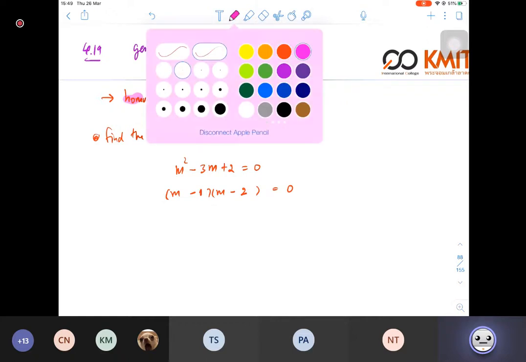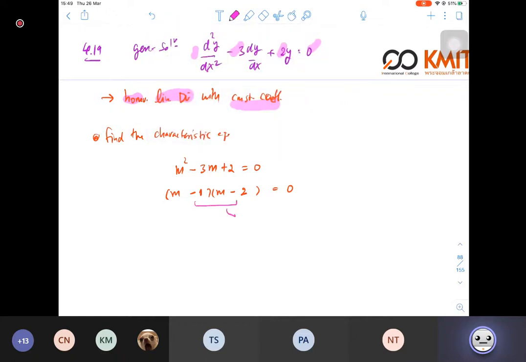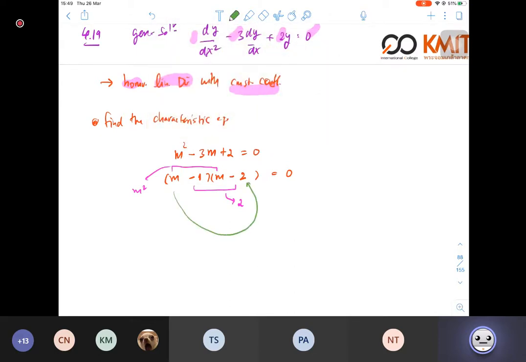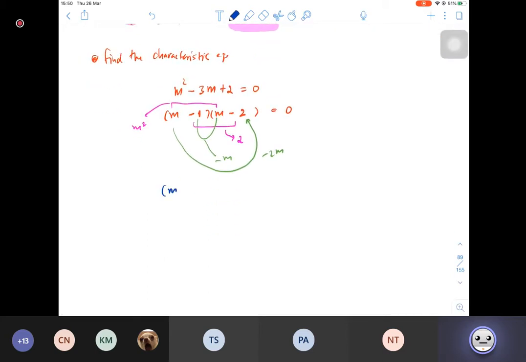When you multiply those, you get 2, m squared, -2m, and -m. So essentially, you just factor out to have (m-1)(m-2) equal to 0.